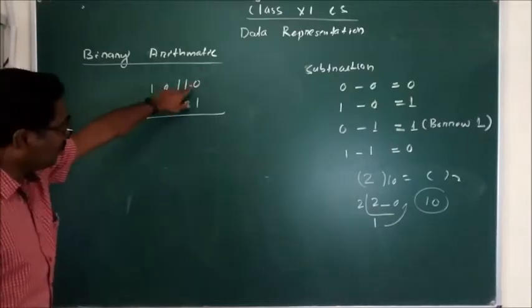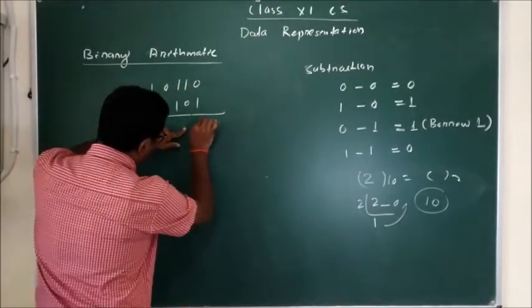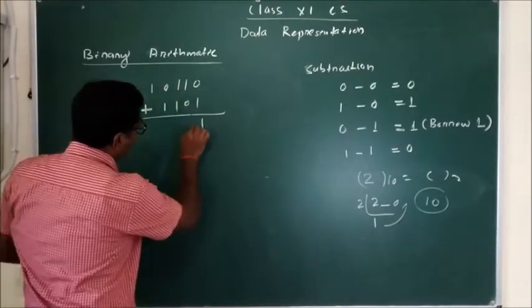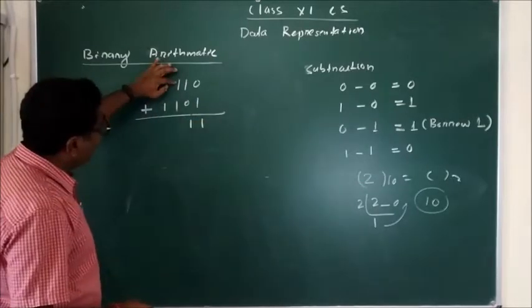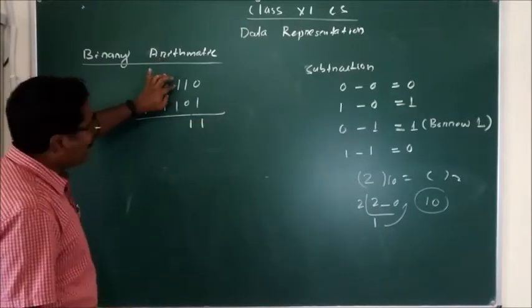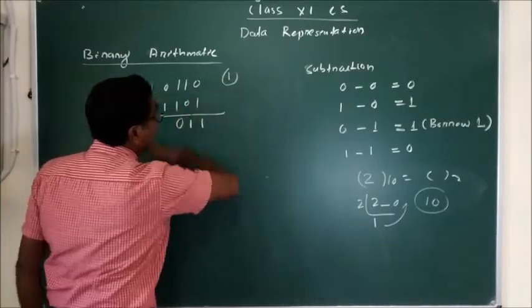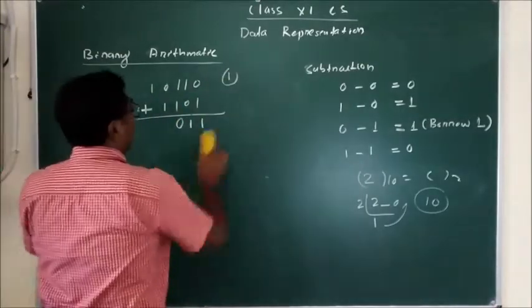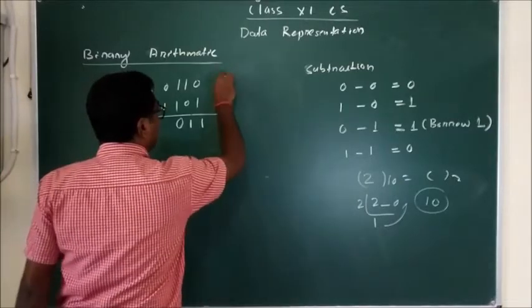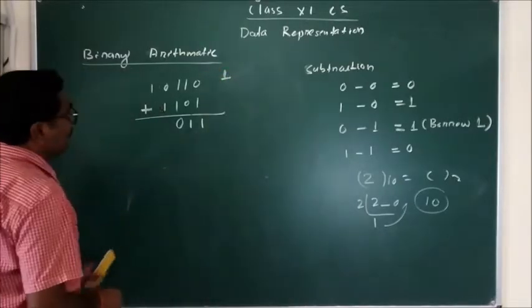Now 0 plus 1 is equal to 1. 1 plus 0 is equal to 1. Now here 1 plus 1, in the sense I am taking 0 and 1 as a carry over here. Here I am taking 1 as a carry bit. So what happened?